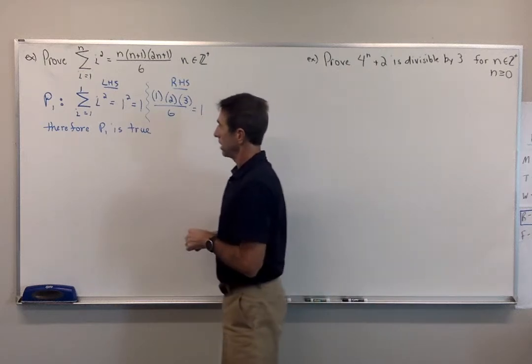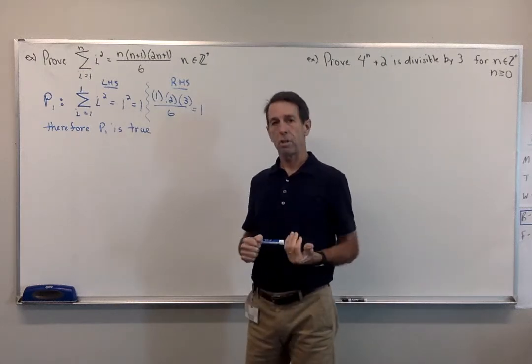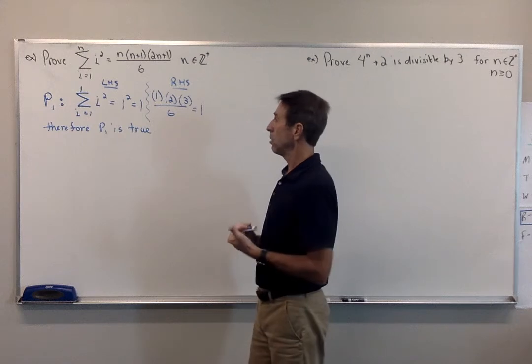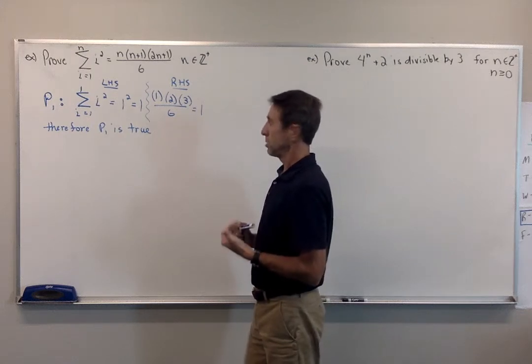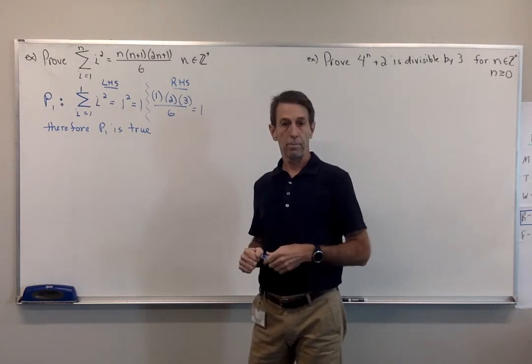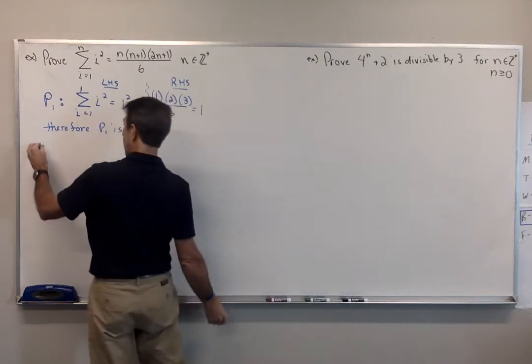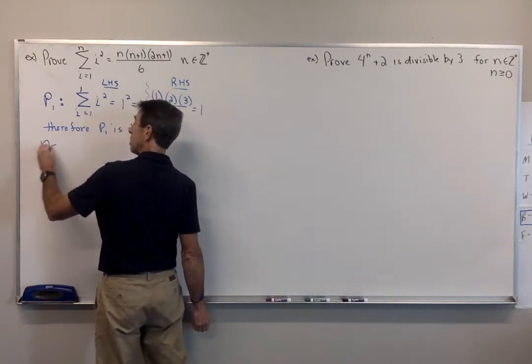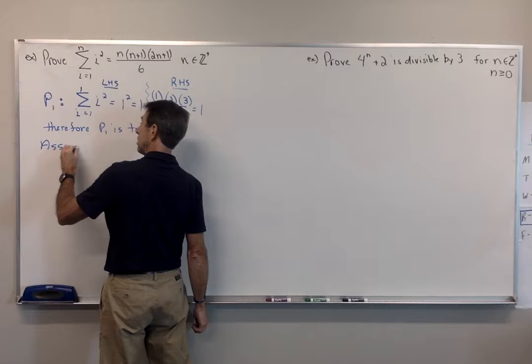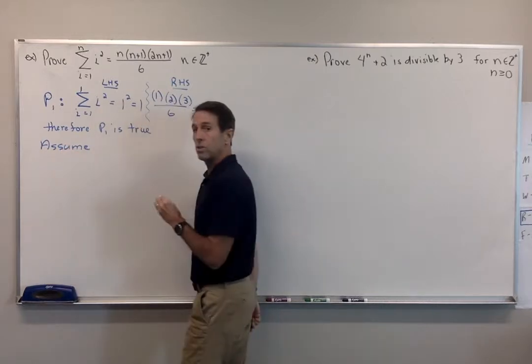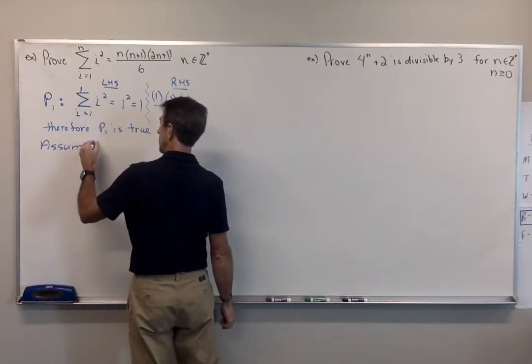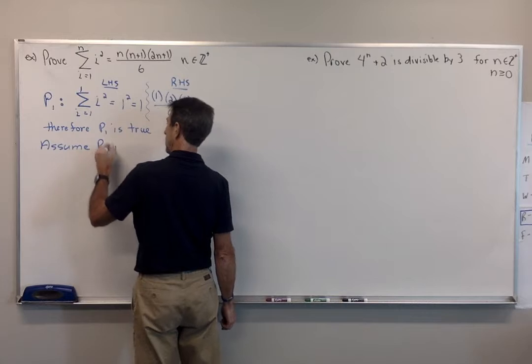Now, the next part gets a little tricky. We have to make an assumption, and we're going to assume it's true for some value. I like to write the word assume. Sometimes we could use let. But I'm going to assume P of k is true.